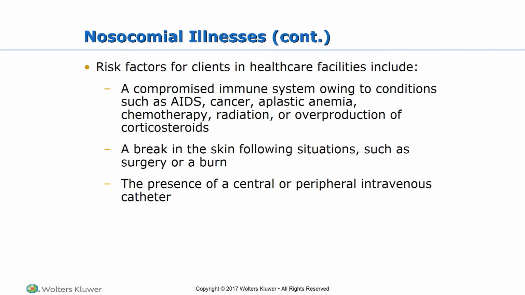And then last, corticosteroids. Now, we say overproduction of corticosteroids. This could fall under two situations. One, the patient has a condition that causes the adrenal cortex to overproduce these compounds, these hormones. But there's another piece of this.